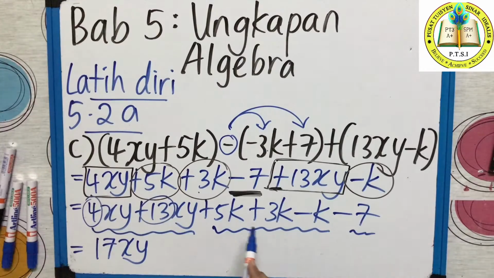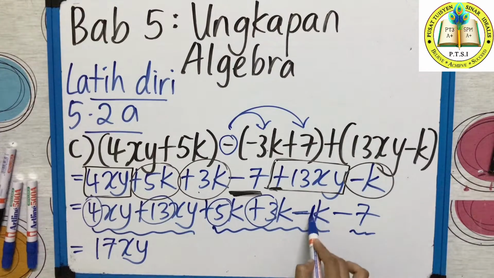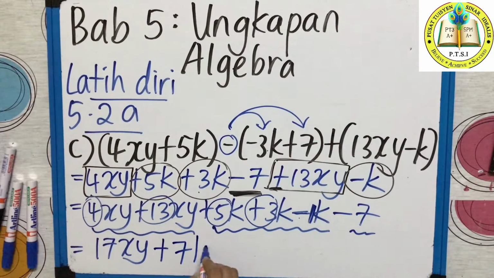Next one, this one, k, right? 5 tambah 3, 8. 8 tolak di sini ada apa? 1. So 8 tolak 1, 7. So it must be positive 7k. Jangan letak 7 sahaja. If you put just 7, tak lengkap. Because 5 plus 3 is positive 8, 8 minus 1 is 7.